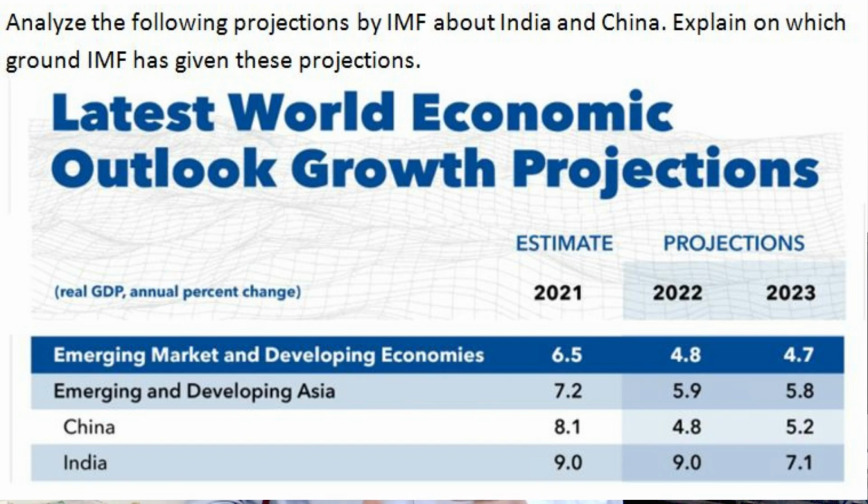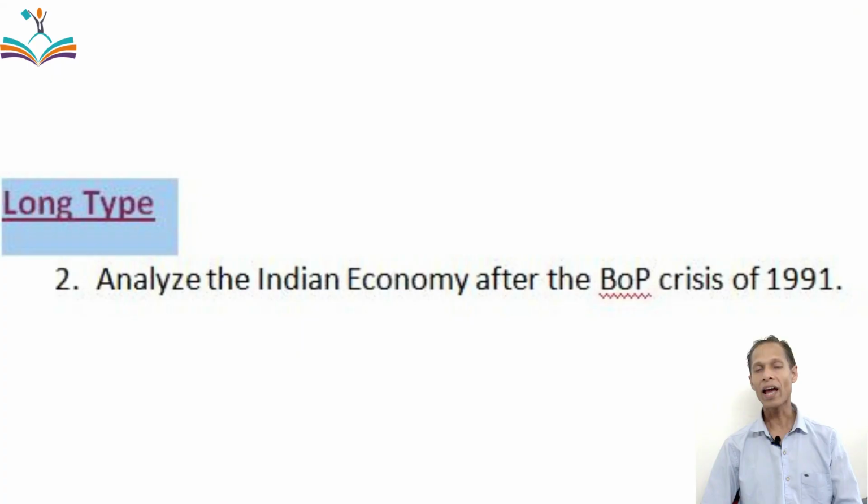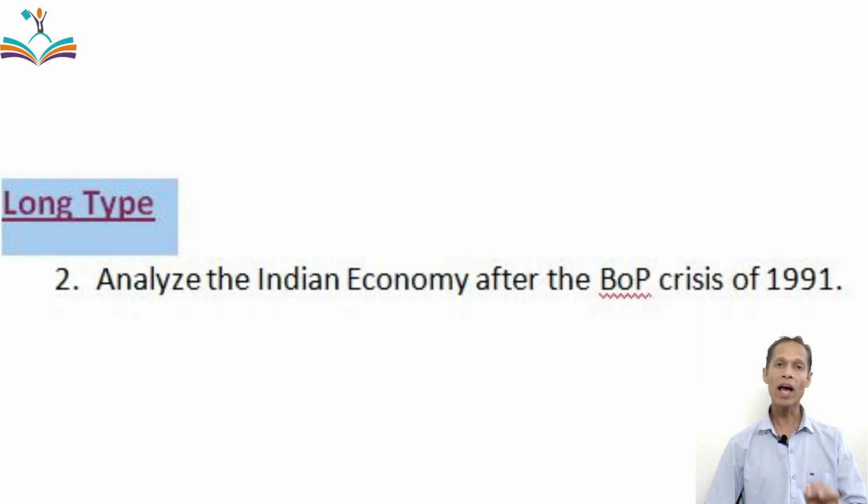Friend, the next question is, analyze the Indian economy to date after the BOP crisis of 1991. Friend, this question is really very important as the economic reforms in the year 1991 proved to be a turning point in making the future of India. So, have a deep study through these reforms to attempt all types of questions based on it.